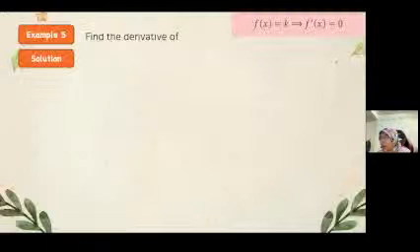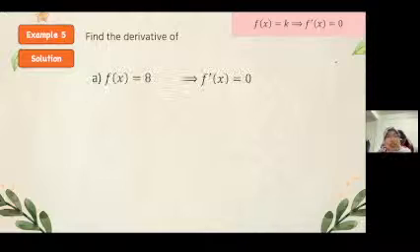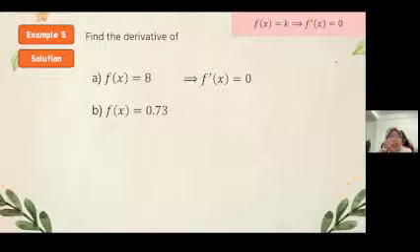Okay, so example 5. We can go very fast for this example. All of them are constants, right? So f(x) is equal to 8. Therefore, f'(x) is equal to 0. They are just a constant, so we are going to get 0 for the derivative. The second one, that is also a constant, 0.73, which is some constant.